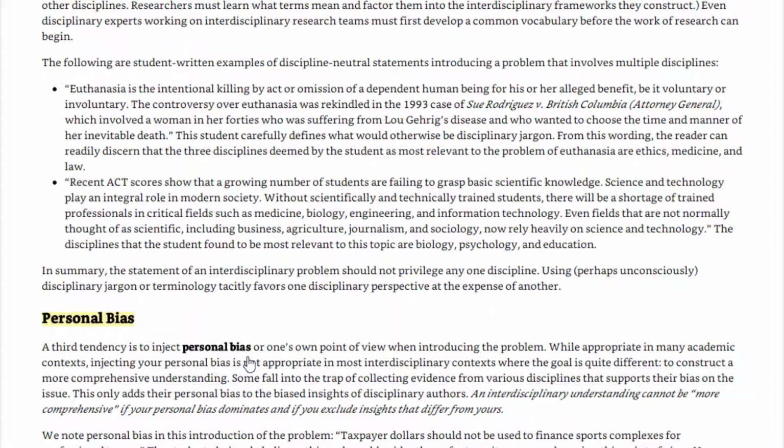But personal bias is your own point of view when you start telling about this problem, and that would be using words like this atrocious method of whatever, or this unreasonable focus on something. Atrocious and unreasonable are reflections of how you feel about it, not what the research shows. So you need to focus on the research, not on your personal biases. Just watch for that to happen, and I'll help you out as I notice it as we go through the semester as well.